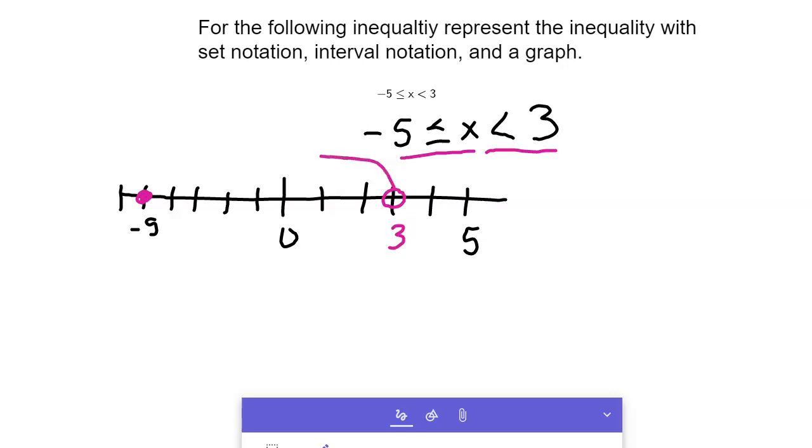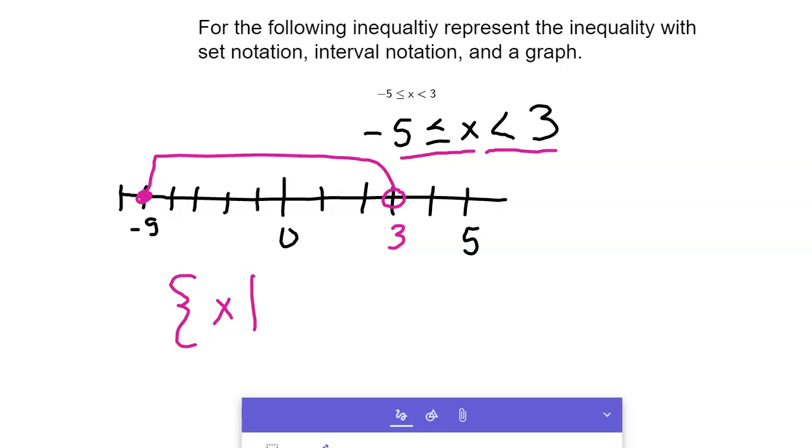And it's all the points between these two because x has to be greater than negative 5 and less than 3 at the same time. So it has to be between them. It includes the negative 5 and it does not include the 3 because of the less than or equal to and less than. So then set notation again, curly brackets. Again, we're dealing with the variable x.